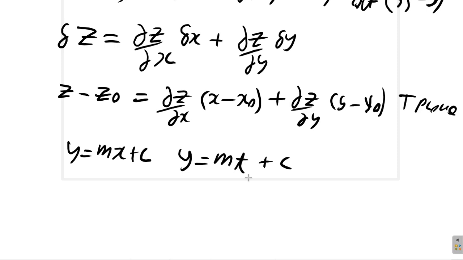Now the thing is, this m is going to be a gradient. And what is this gradient? It's going to be delta z by delta y times t plus y naught, right?